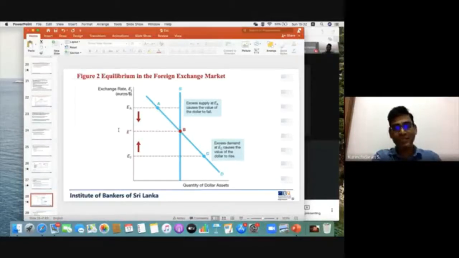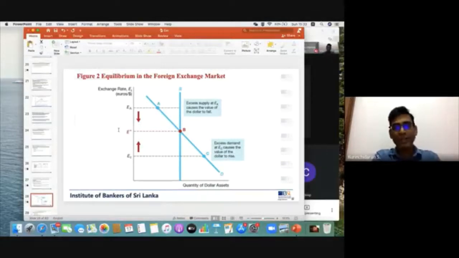When we say dollar assets, you can think of our US Treasury bills. So why I'm saying those things is you just keep remembering those, then you will have some kind of easy understanding, right?